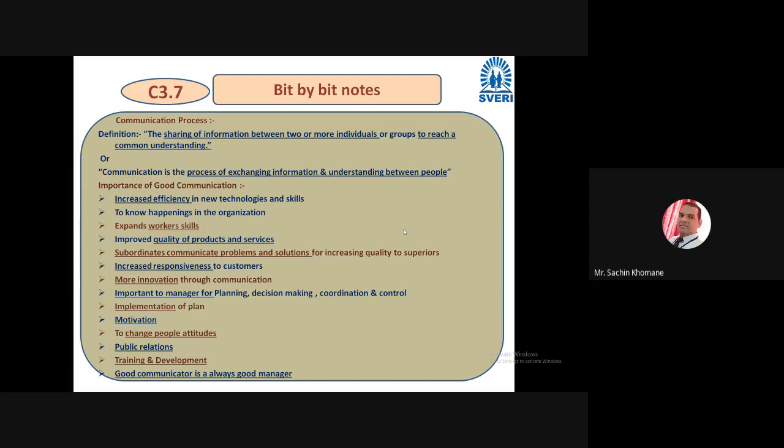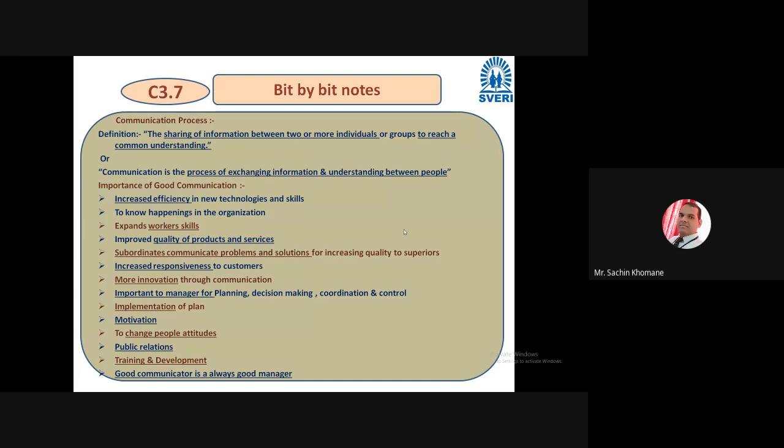More innovation is possible through communication, right? For making innovation in the organization, communication should happen. Your subordinate should explain, he should use medium language, and he should communicate with you like, yes, this is the new thing I am doing. So for that purpose also, communication is important.